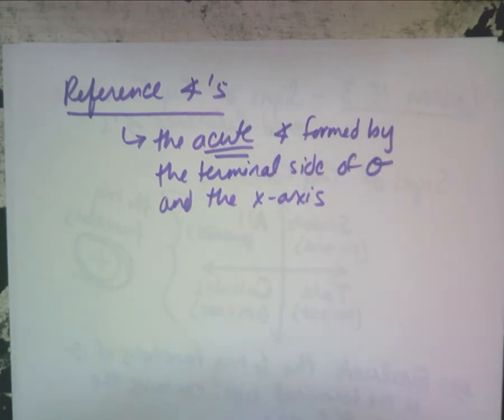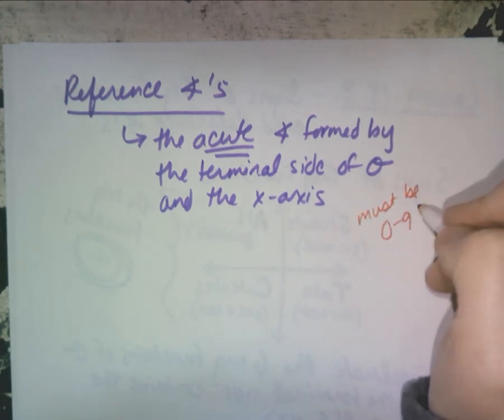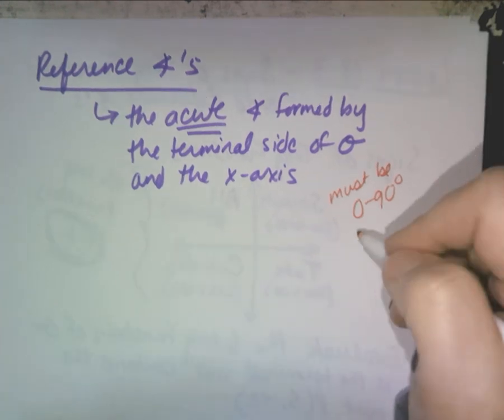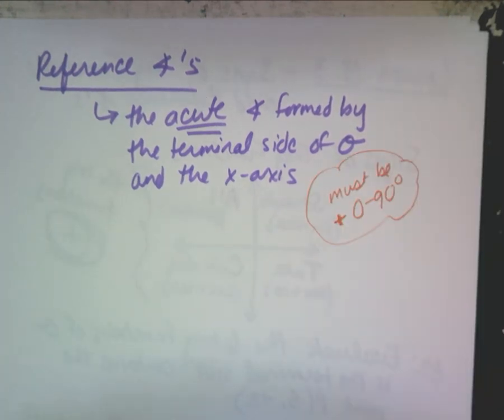The acute, what do we know about acute angles? They have to be less than 90 and bigger than 0. So they must be between 0 and 90. And they must be positive, by the way. They're not negative. Reference angles are not negative, and they're acute.